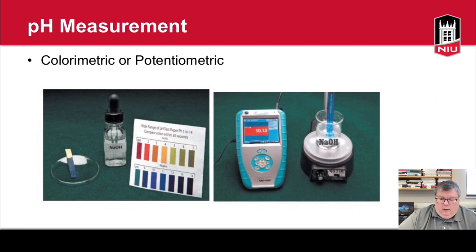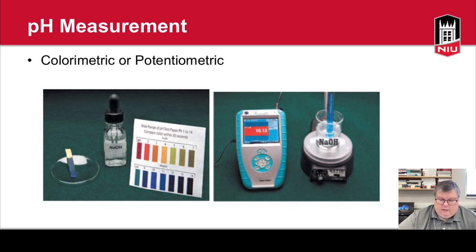Now, the potentiometric measurement, not titration. I keep using the wrong terminology. The sodium hydroxide is put into a beaker, and we add an electrode that measures the hydrogen ion concentration.